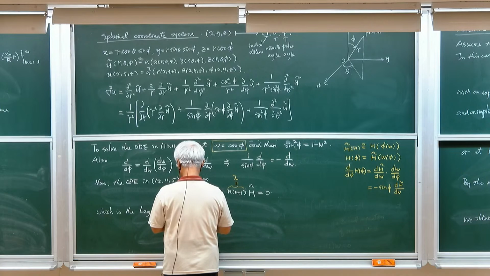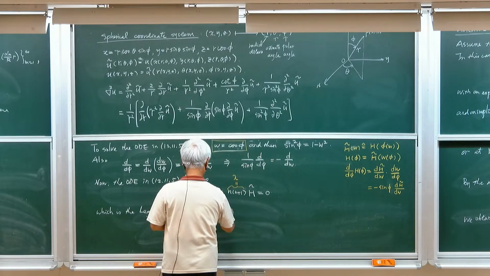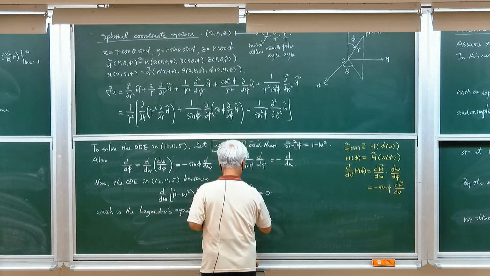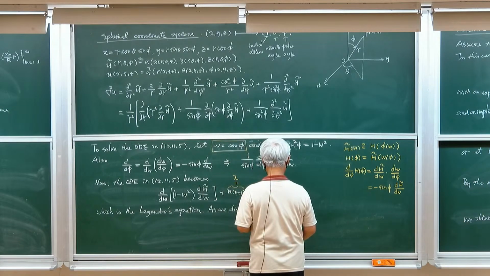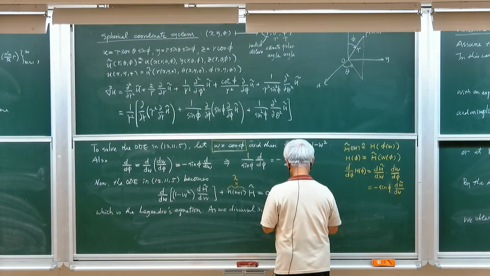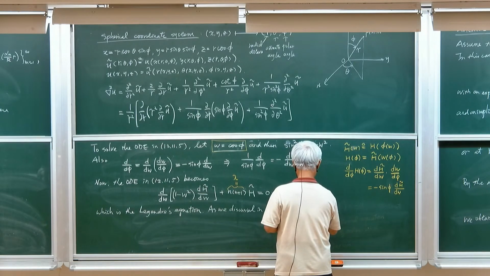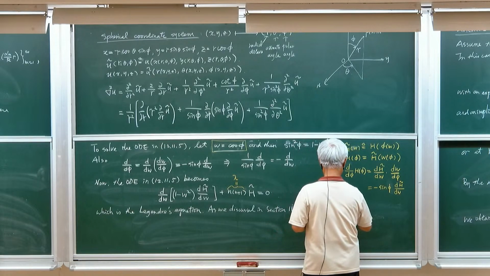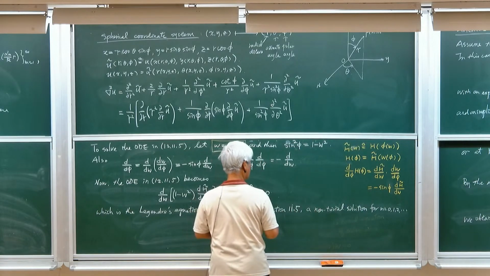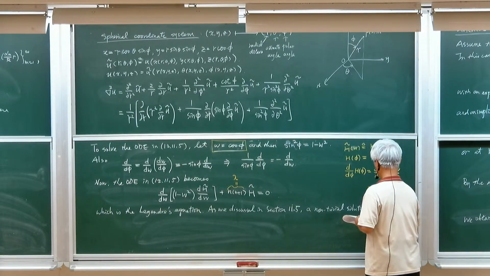Okay, and as we discussed in section 11.5, okay, that a non-trivial solution for n equal to 0, 1, 2, etc. It's here.